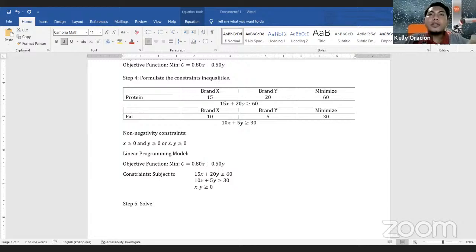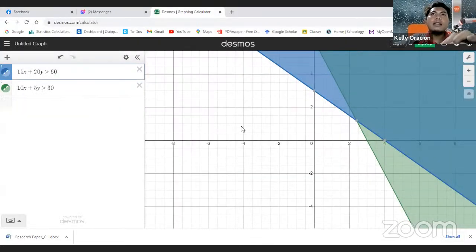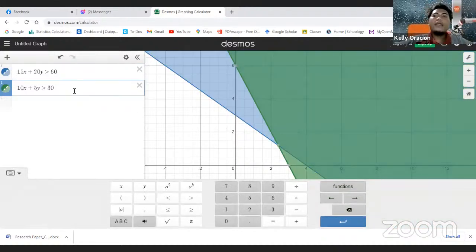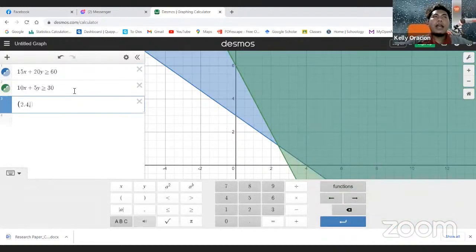Sige. So let me share to you the graph. Ito yung graph natin. As you can see, this is the point of intersection. The point of intersection we have is 2.4 and 1.2.